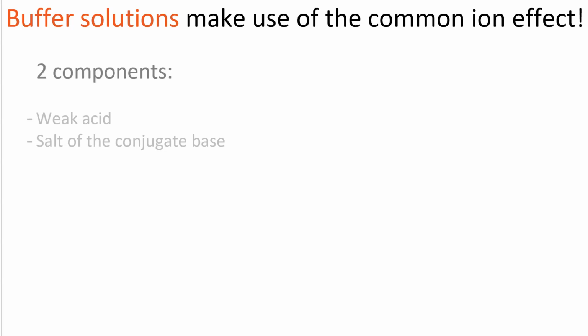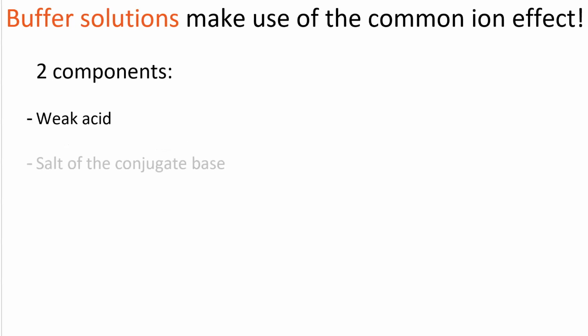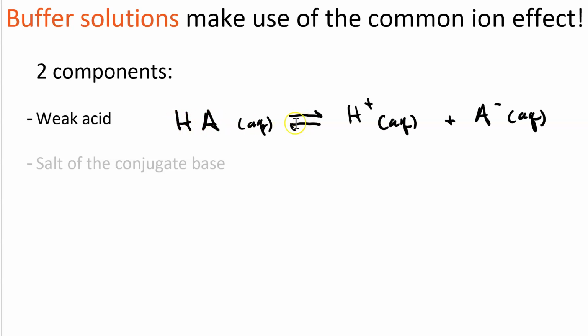Buffer solutions make use of the common ion effect. Every buffer solution has 2 components, one of which is a weak acid. So, the generic formula for a weak acid is HA. And here's the equation for the ionization of the weak acid. So, each acid molecule can split up into an H plus ion or a hydronium and an A minus ion.